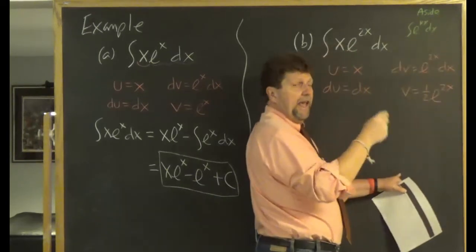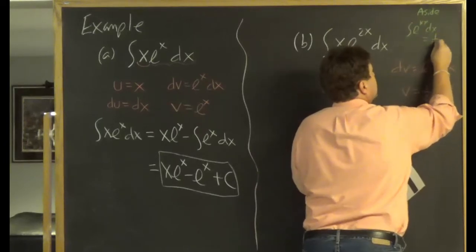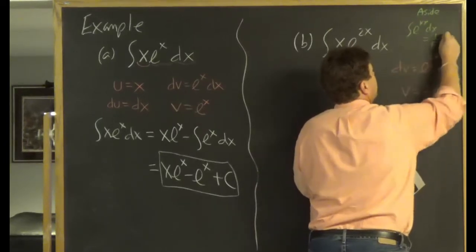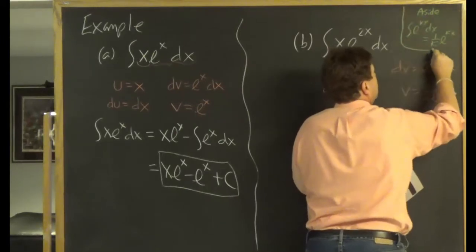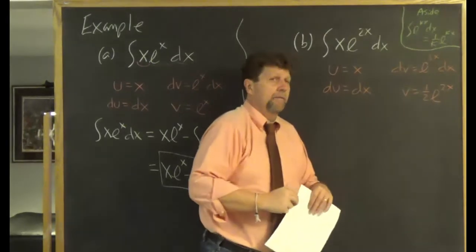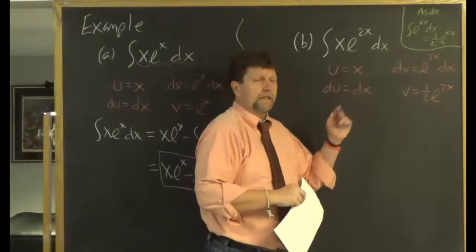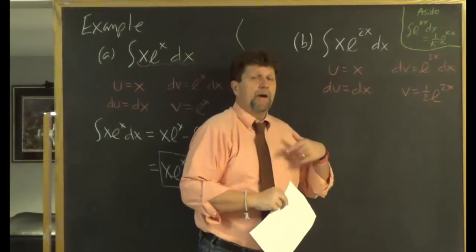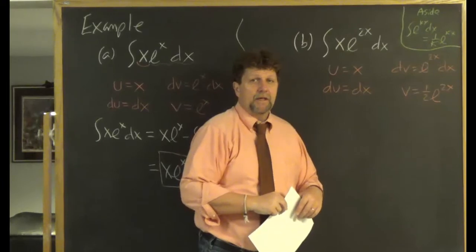That as long as k does not equal 0, we have this little formula, 1 over k e to the kx. We learned that back in chapter 6. It's helping us tremendously here in doing this example. And you're going to see it pop up more than once in this section on integration by parts.